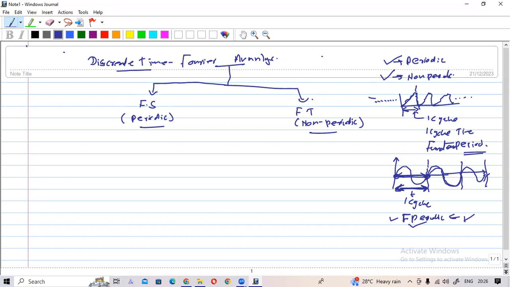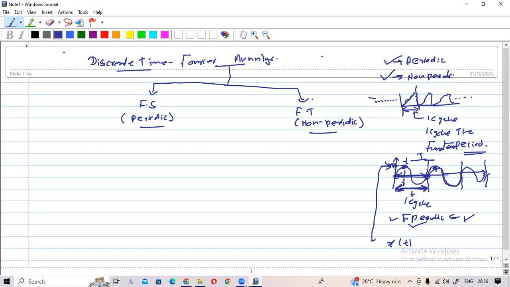If you consider any arbitrary point at t, the value is x(t), because it is a function of t. After the period T, this point is repeating again.